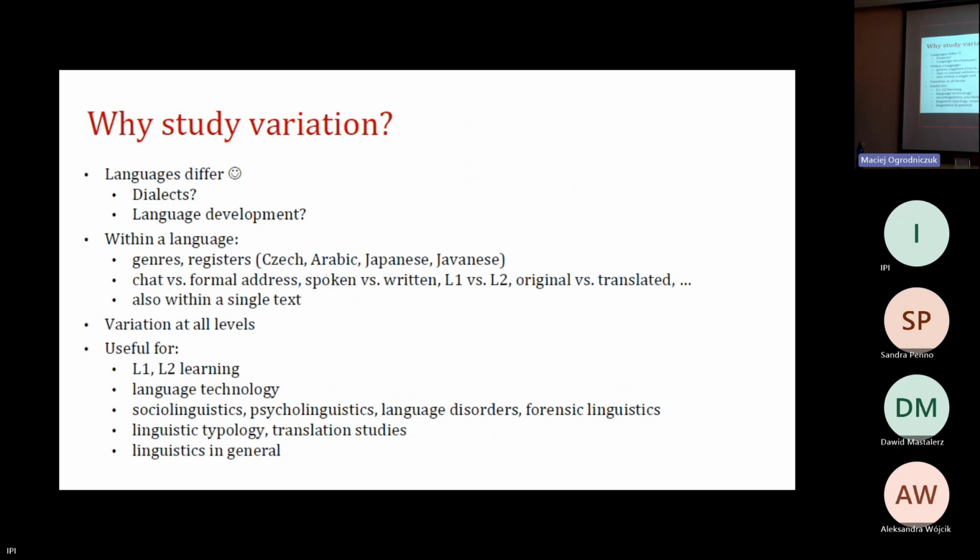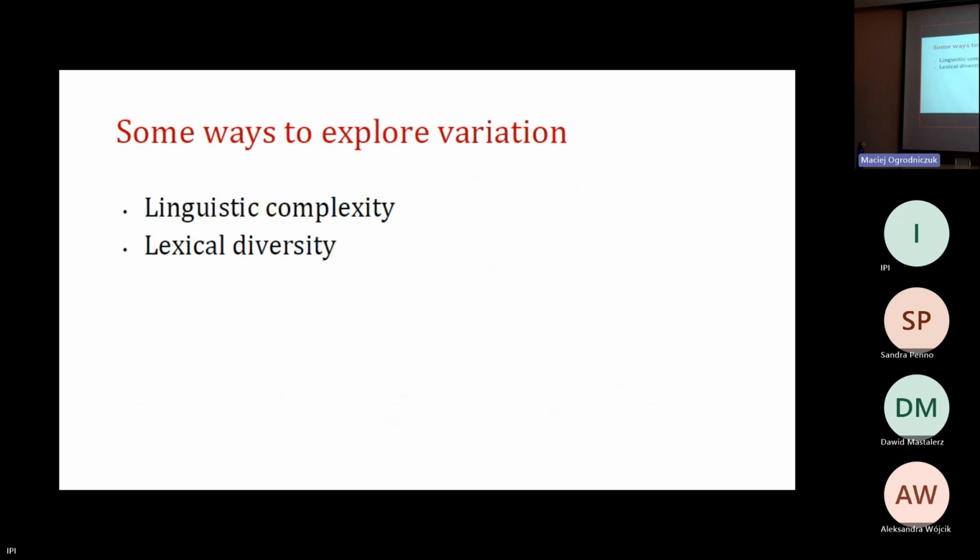You can really see that the numbers are absolutely the opposite. The variations are at all levels, of course, from phonology up to semantics, and all that is useful for teaching, language technology, and all these disciplines, including forensic linguistics and linguistics in general.